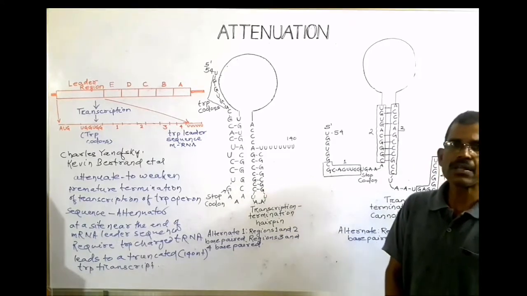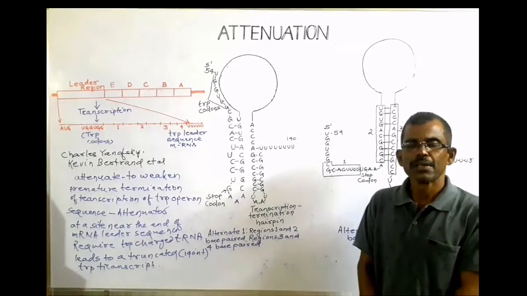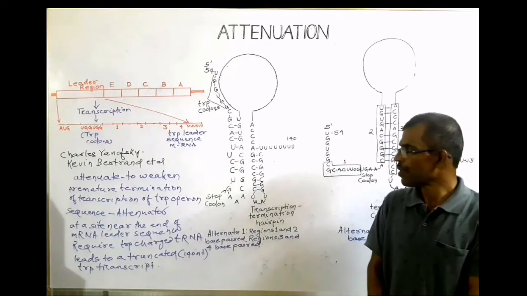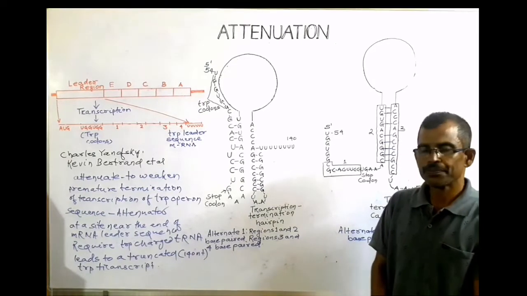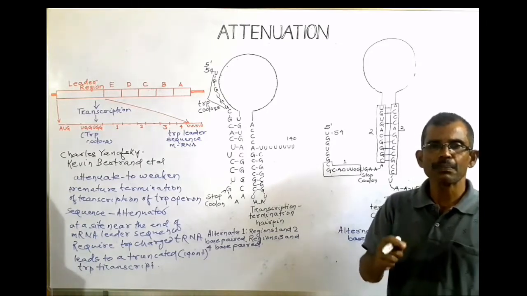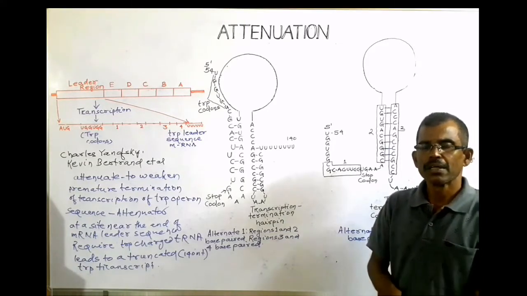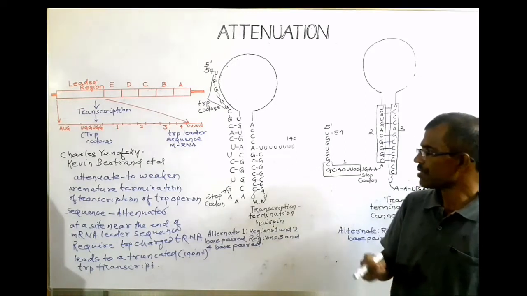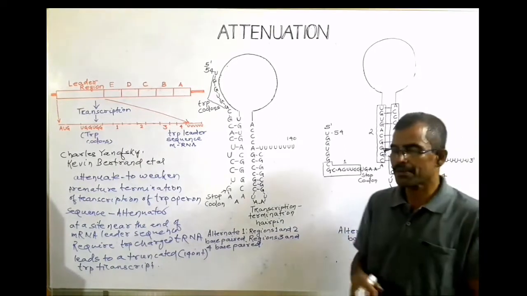The process of attenuation causes premature termination of transcription of the tryptophan operon. The specific sequence present within the tryptophan leader sequence that controls the process of attenuation is known as the attenuator.